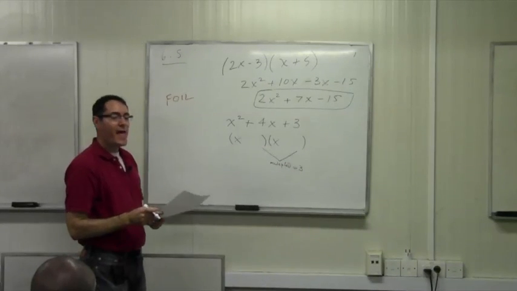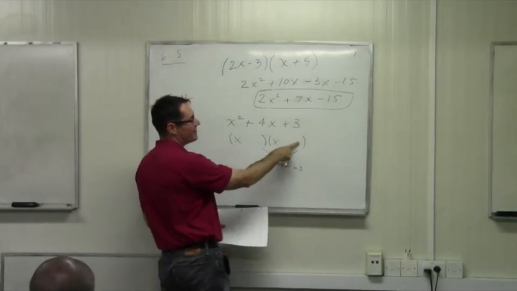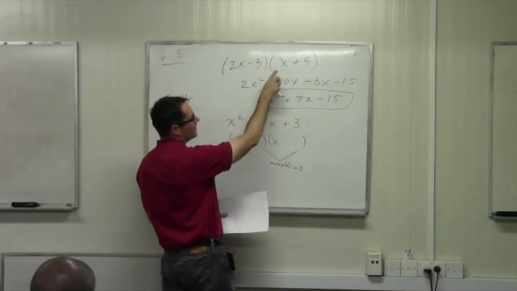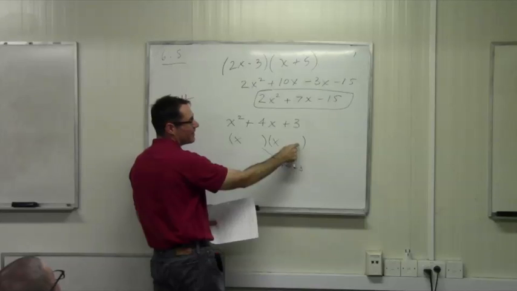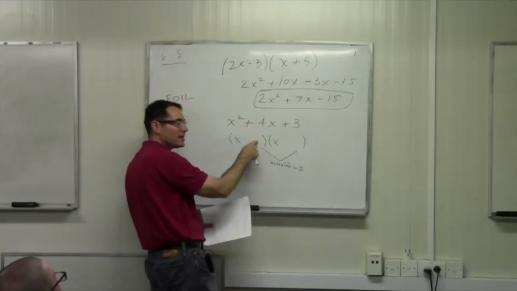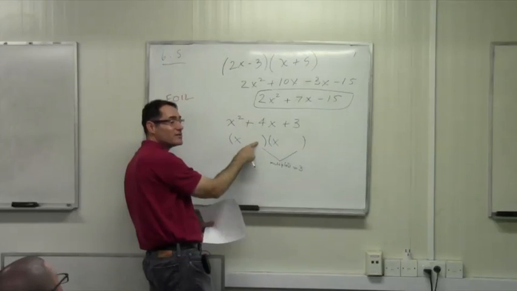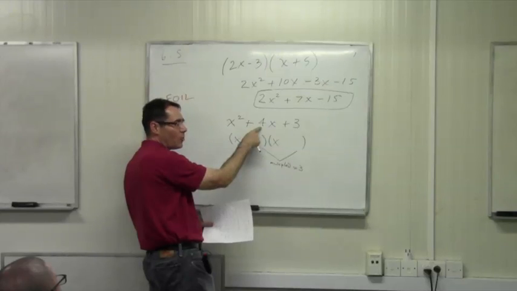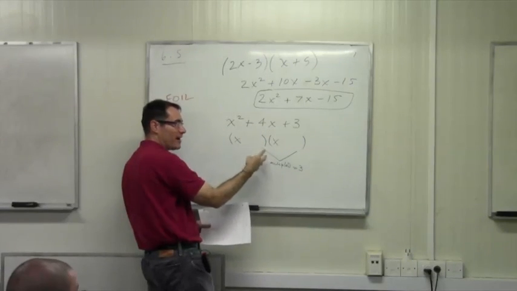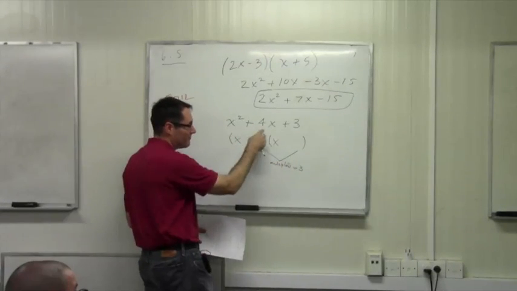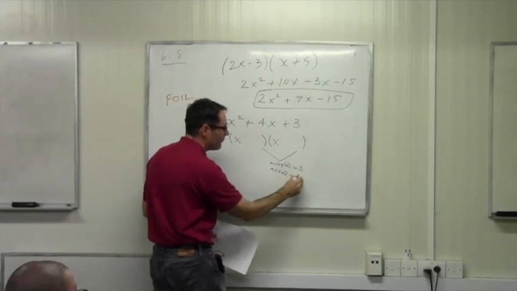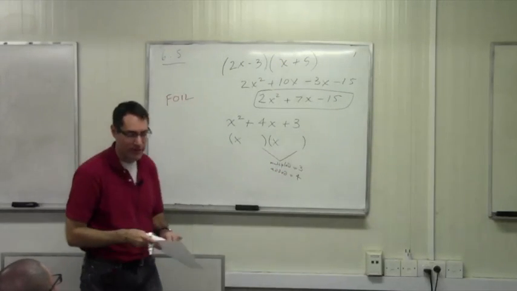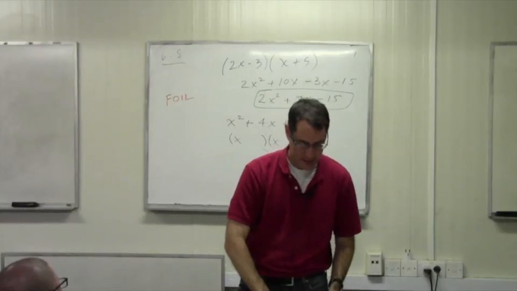And when you add this number plus this number, they have to equal what? 4, because you're going to get some factor of x plus some other factor of x, and when you add them together you get 4. This is the clue you're going to use to figure out what's next.